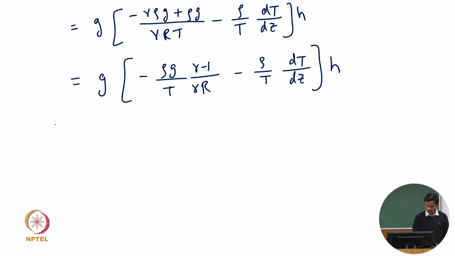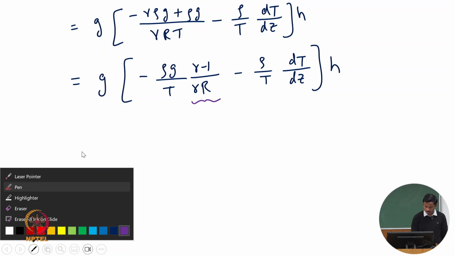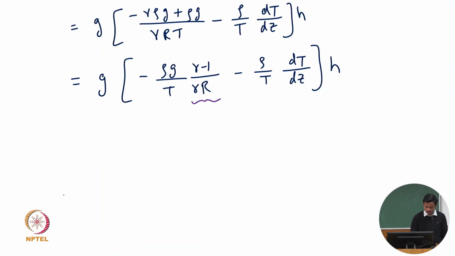Now as gamma R by gamma minus 1 is Cp, we can rearrange the force to be something like this.